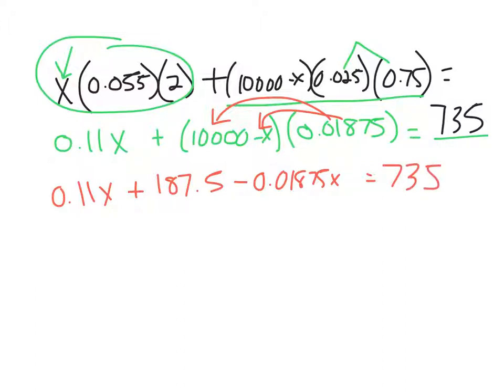So now we've distributed, we've put some things together, and we have two like terms on the left side of our equal sign. We do have two x's that we can put together.